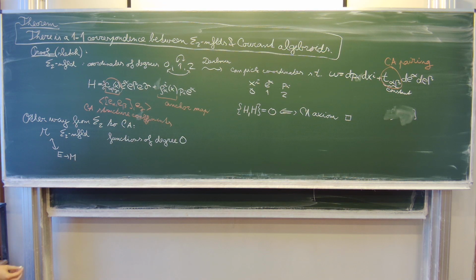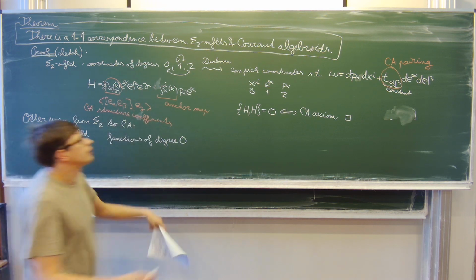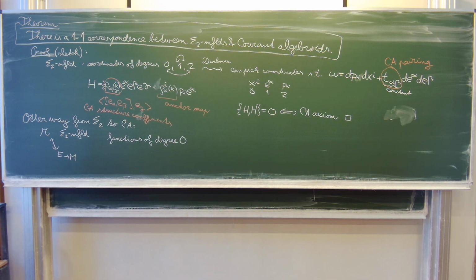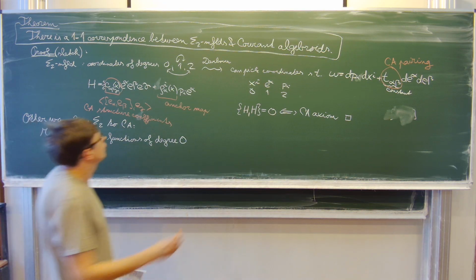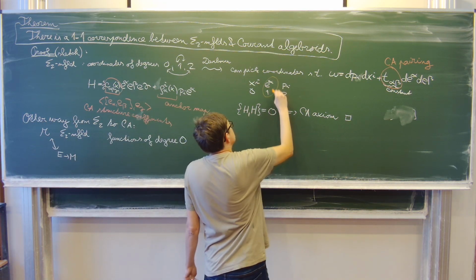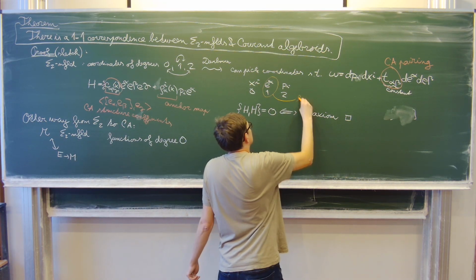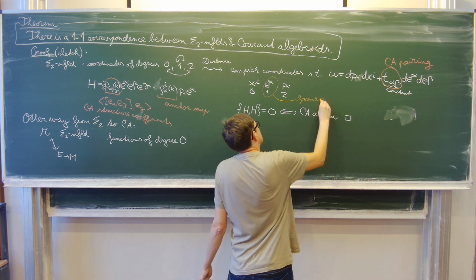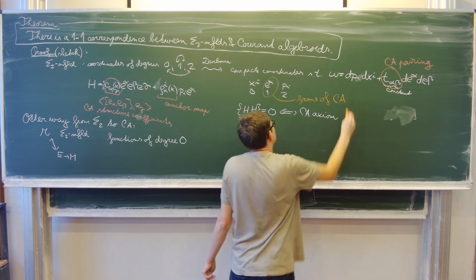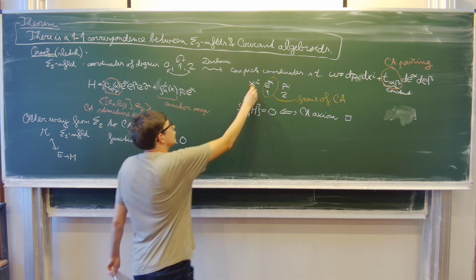By the way, I probably guessed this, but I didn't say it here: these e's are the things describing the frame on your Courant algebroid, the same as for Lie algebras. And these are the coordinates on the base.